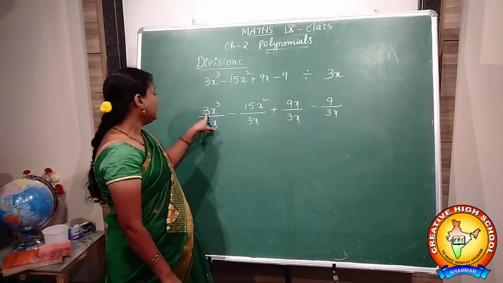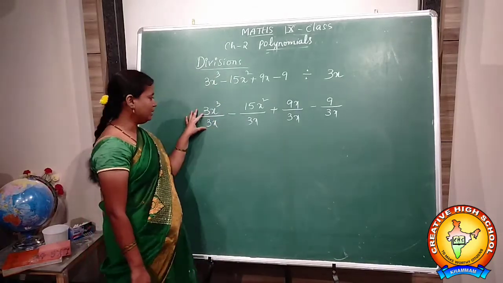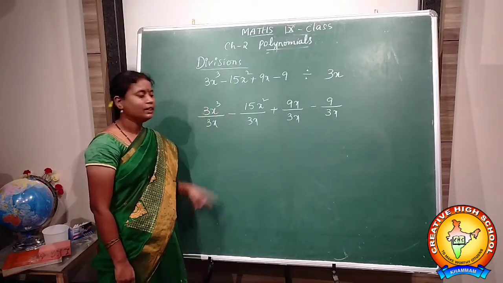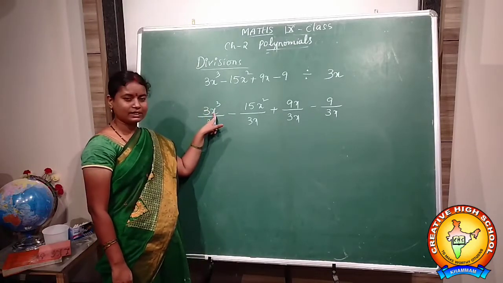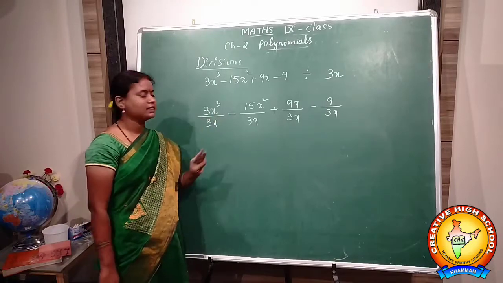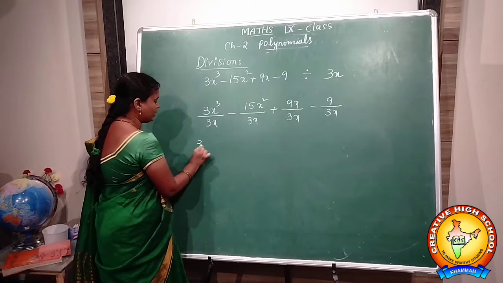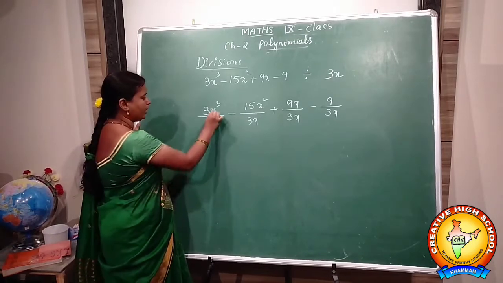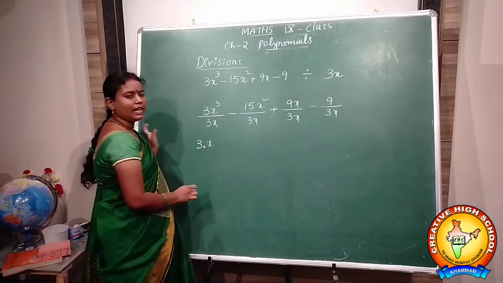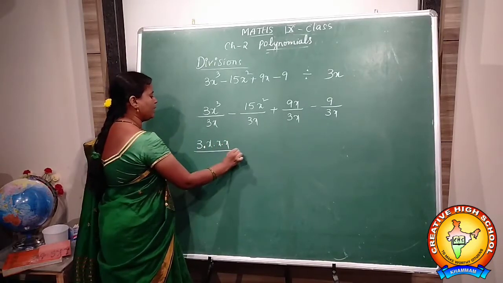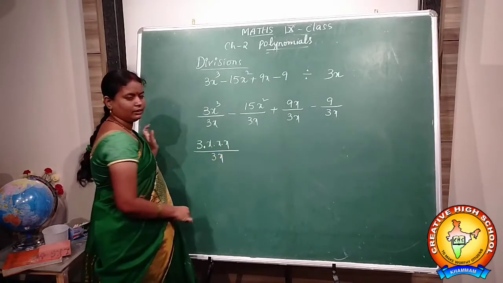So here, let us take the first one. 3x cube is there. 3x cube means, how many x are there here? Total 3 x are there, x into x into x. So let us write in expanded form. 3 into x cube means we can write it as x into x by 3x.